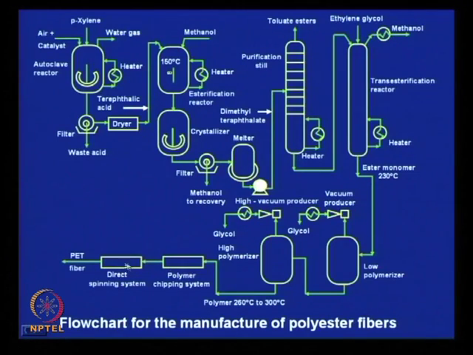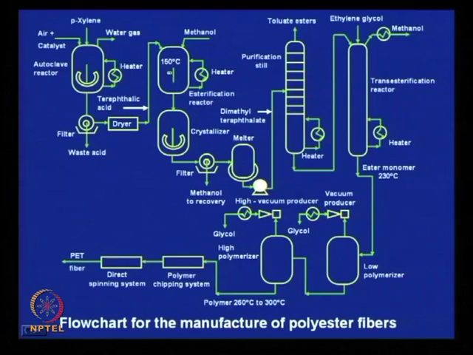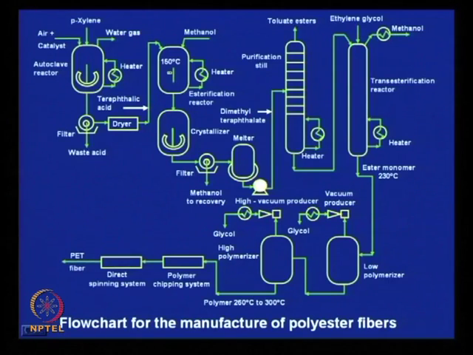Then if it is passed directly to a spinning system, we can get PET fiber. This is a huge industry, because the garments we are using have this PET fiber, polyethylene terephthalate fiber mixed with cotton, we get terry cotton for garment manufacture. So, they are making these fibers as well as blending.